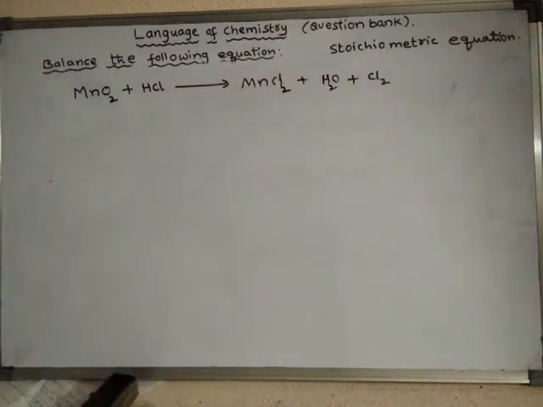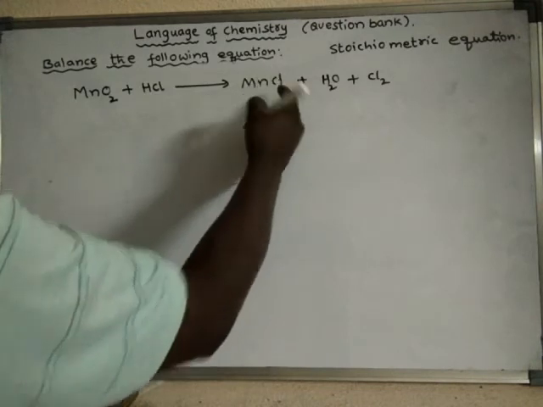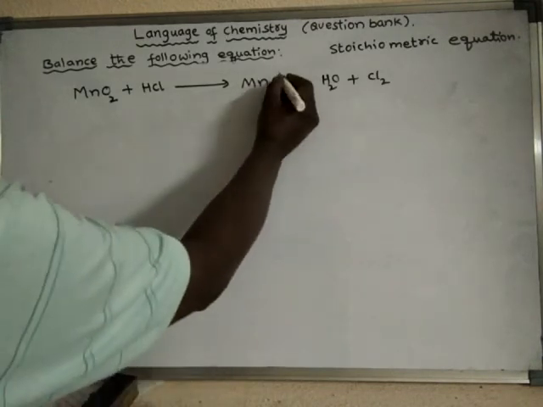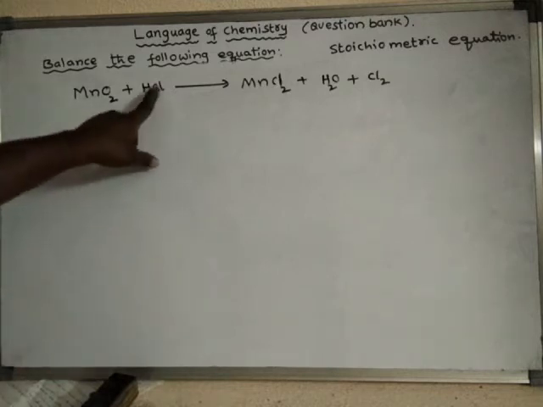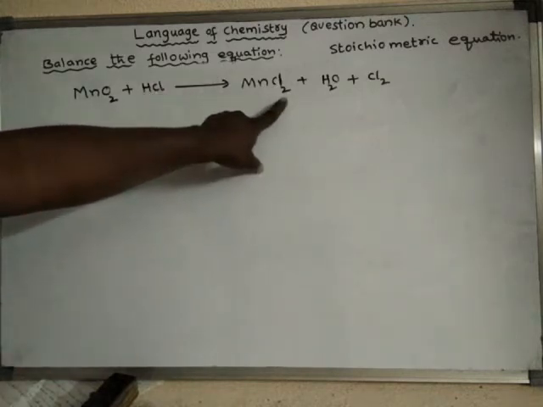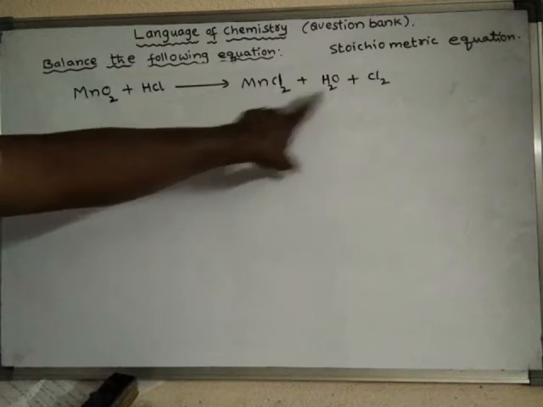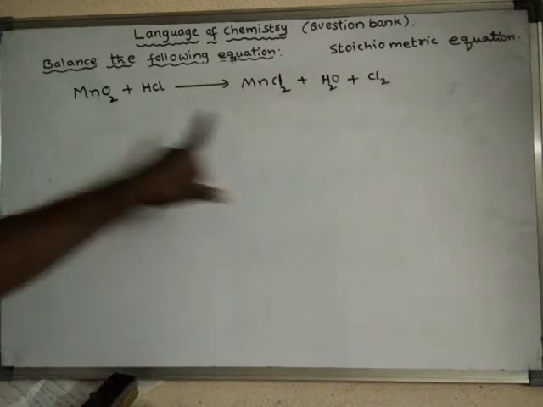Okay, so this is the chemical equation. This is not a balanced chemical equation because there is only one chlorine here. There are two chlorines here. Here 2 and here 2. There are 4 chlorines. Here only one chlorine.